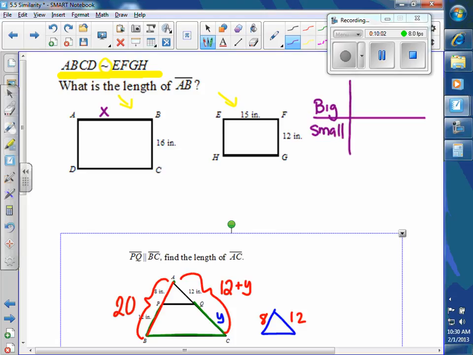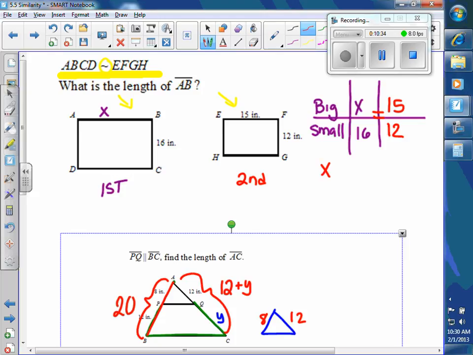So you could say the big side to the small side in the first figure. So we'll make that the first figure here. Has to be in the same ratio as the big side to the small side in the second figure. And then you're just going to solve that ratio proportion.